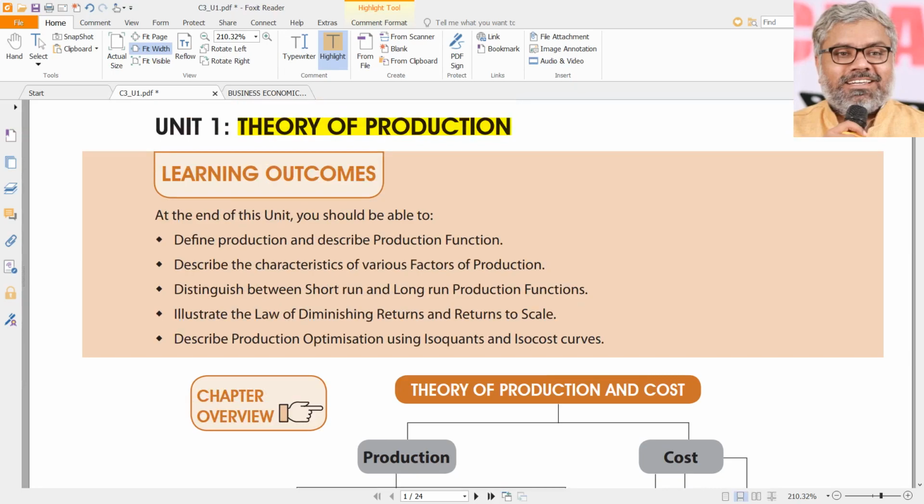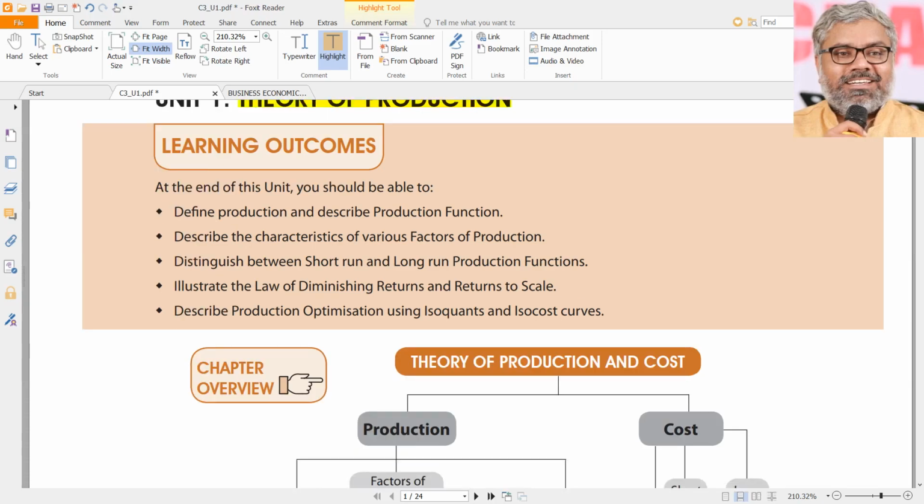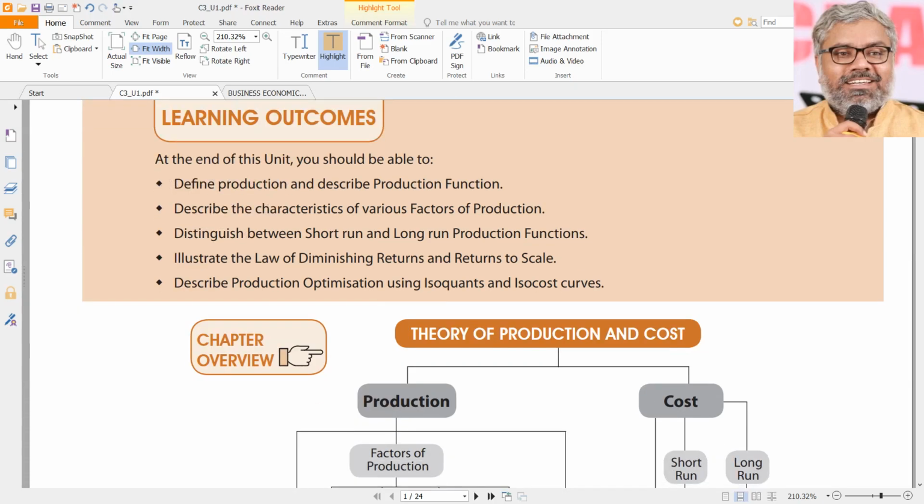Of course, the theory of production is something yet to be discussed, but what does this unit expect us to learn? What are the learning outcomes of this unit? At the end of this unit, we should be able to define what is production and what is the production function, and also what are the characteristics related to various factors of production.